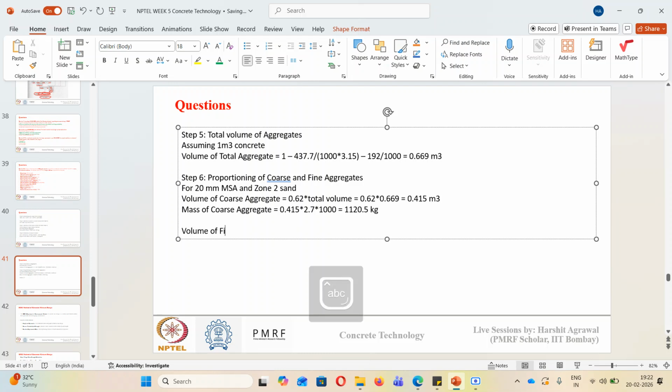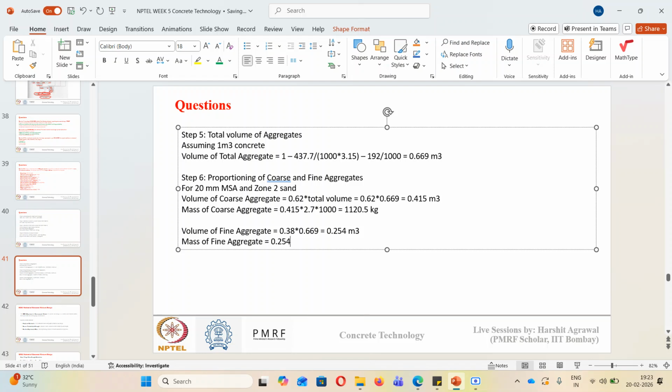Then volume of fine aggregate will be 1 minus 0.62, which is 0.38 times 0.669, so it will be 0.254 meter cube, and mass of fine aggregate will be 0.254 times density of fine aggregate.